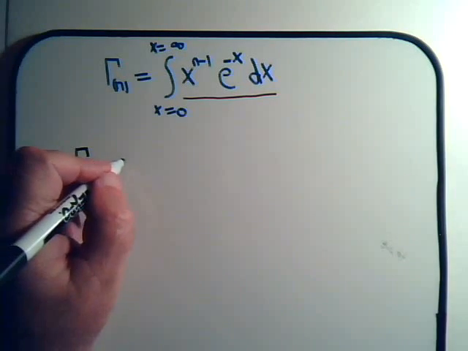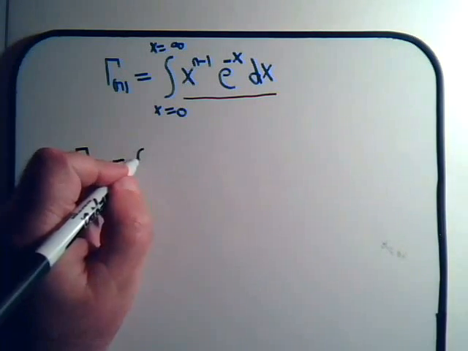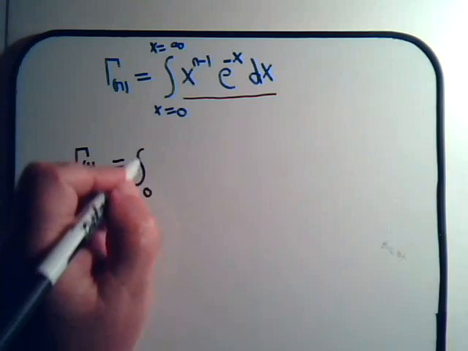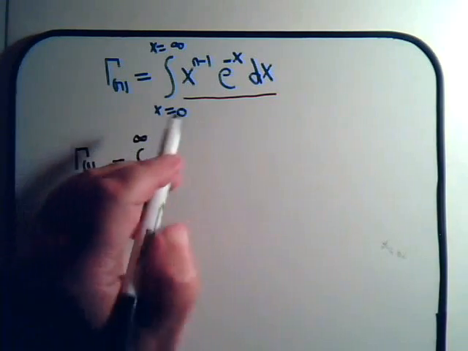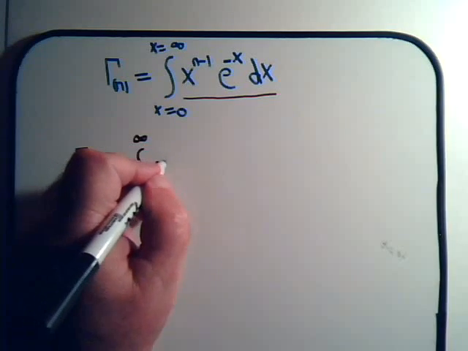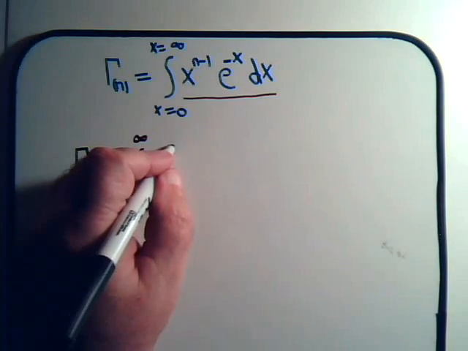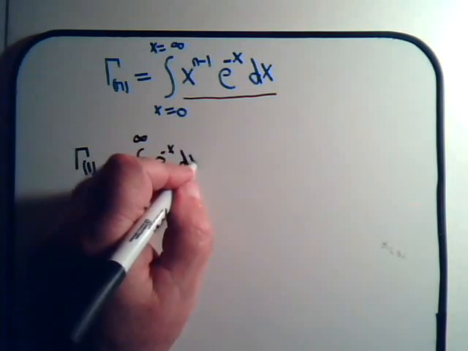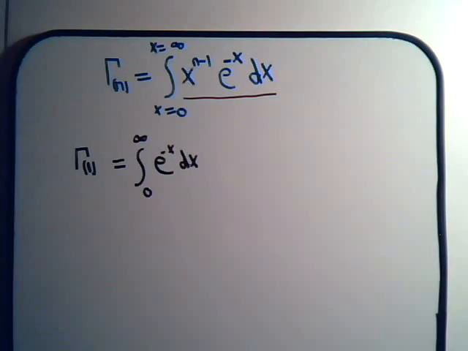Here this would be equal to the integral from 0 to infinity. That's x to the 0, so that's just 1, of e to the minus x dx.